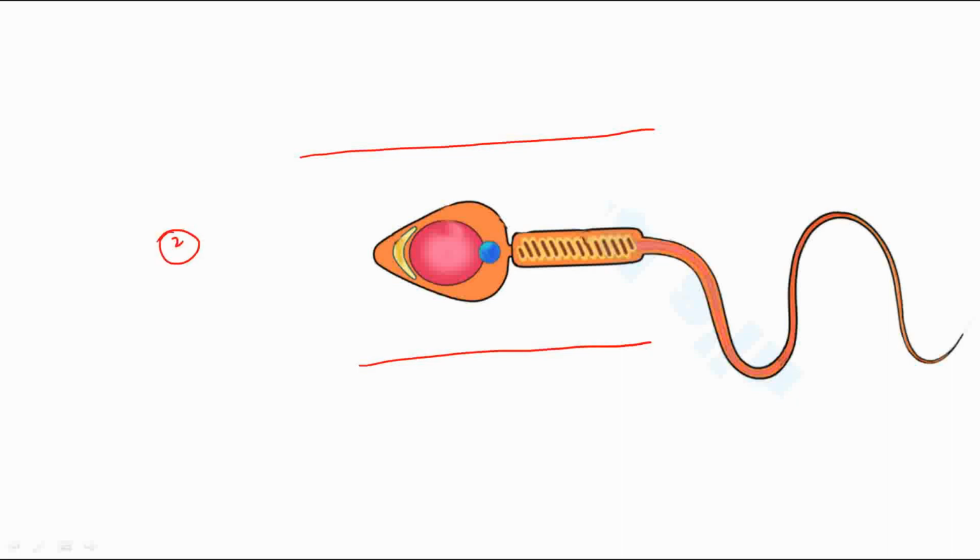Second process is that so many other proteins and some other carbohydrates are also removed from the sperm cell membrane.